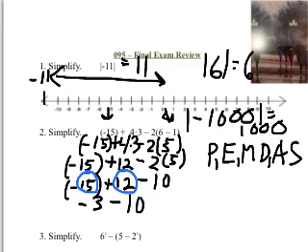So adding a negative 3 plus a negative 10, or negative 3 minus 10, which would be the same thing, is a negative 13. So our answer is negative 13. We could also say negative 3, and change the operation, assuming that's a subtraction, to an addition, but then we change the sign of the 10. So you see it's still a negative 3 plus a negative 10 equals negative 13.